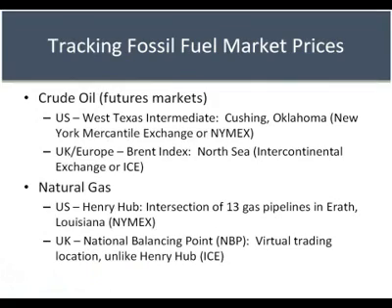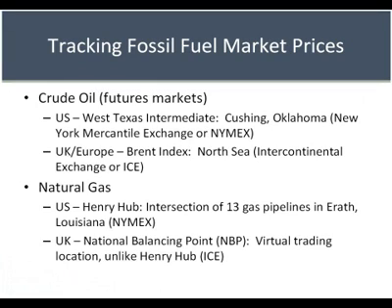I thought I'd also mention at its source for pricing of these commodities, the U.S. and U.K. have a few different benchmarks that have actually been diverging recently for crude oil and natural gas for a number of reasons, one being supply side stuff like there's been a lot of what they call fracking, new ways of getting at natural gas here in the U.S. that's kind of added to the supply.